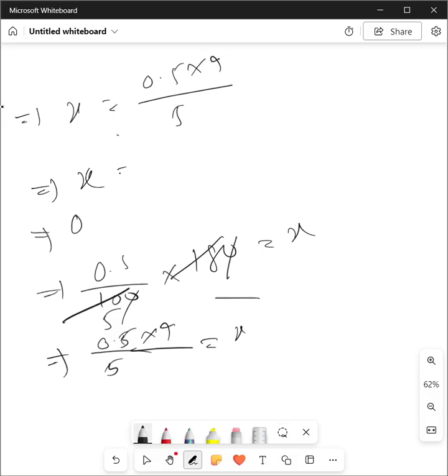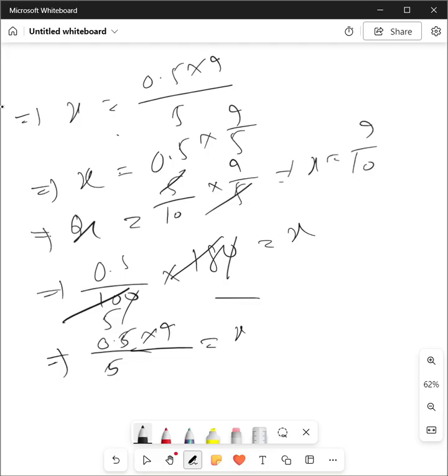Let's write 0.5 times 9 by 5, so this will be x. 0.5 means 5 divided by 10, multiplied by 9 by 5. So the 5 crosses out. Then x is equal to 9 by 10. So our x comes to 0.9. So this is our value.